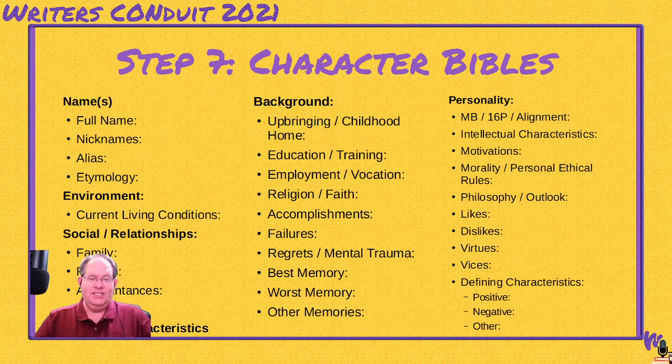You may just fill out the names, and some physical characteristics. You can delve into that. But I believe that for the main characters, you need to have all of this information here. Okay, and that's step 7.